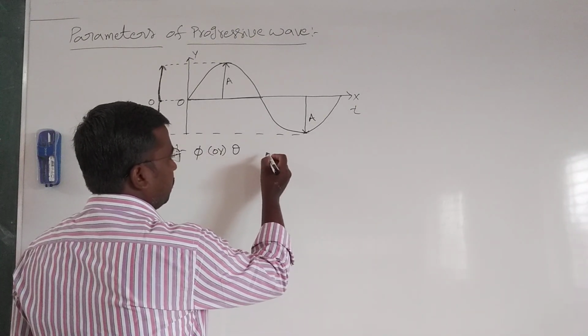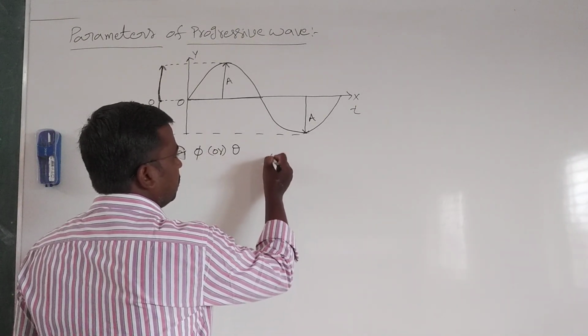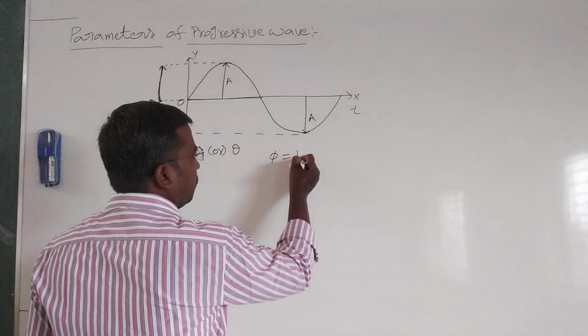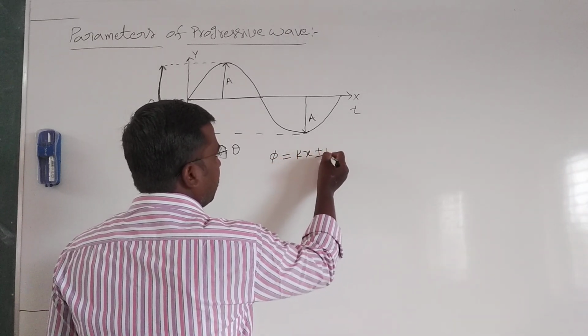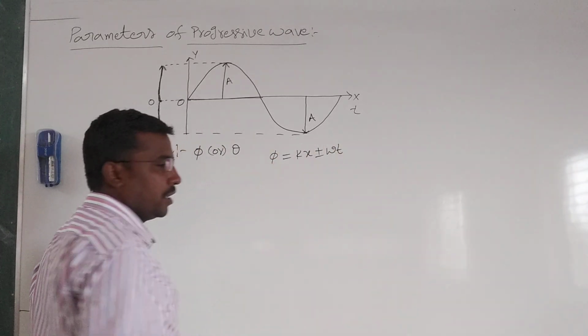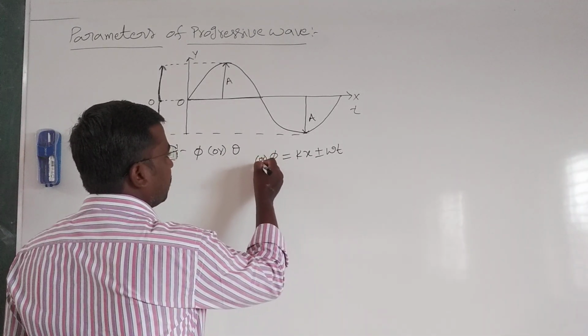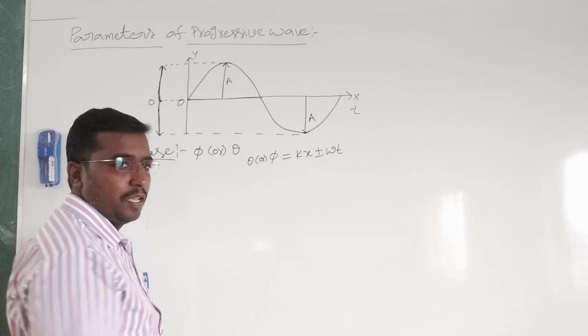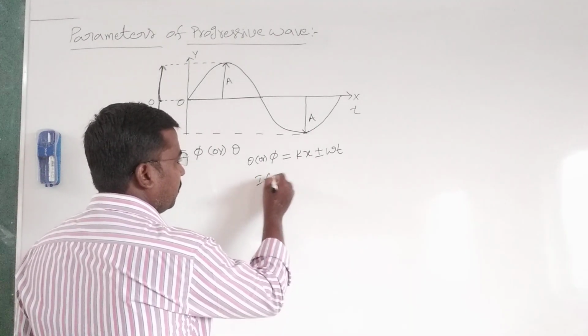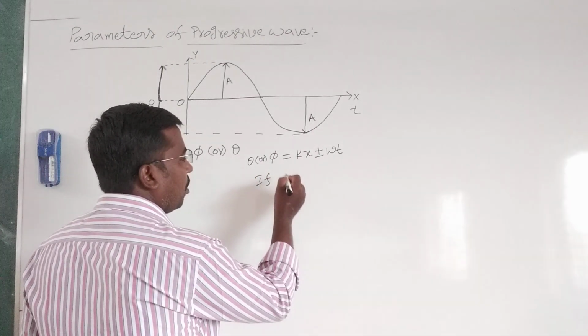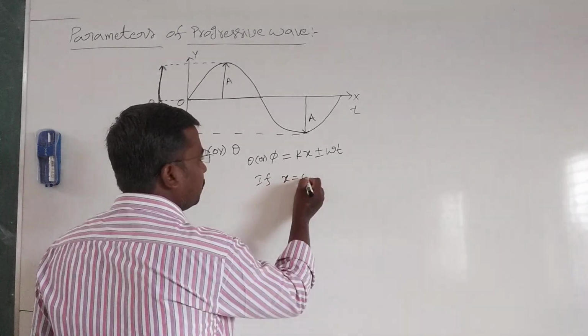We consider the formula phase phi equals kx plus or minus omega t, also represented by theta. If the wave starts from the origin, then x becomes 0.